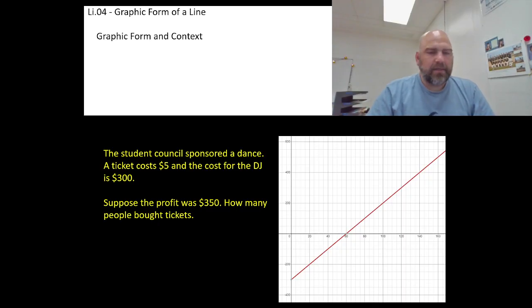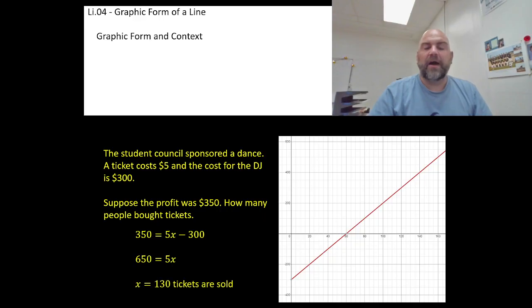Now, that's an estimate. We can do it exact as well by taking our equation and plugging the 350 into the Y value, because that's our profit. We add 300 to both sides to get 650 on that side, and then we divide by 5, and we can determine that 130 tickets were sold for the dance.